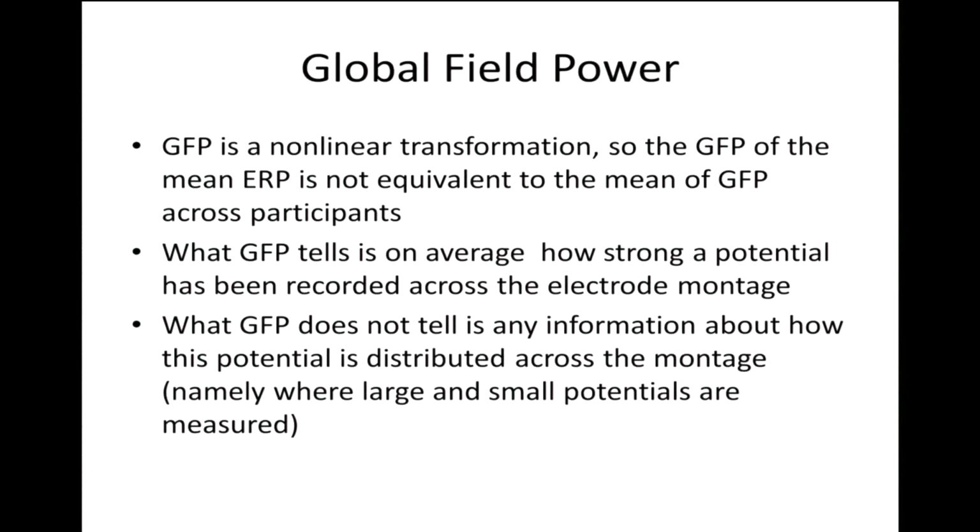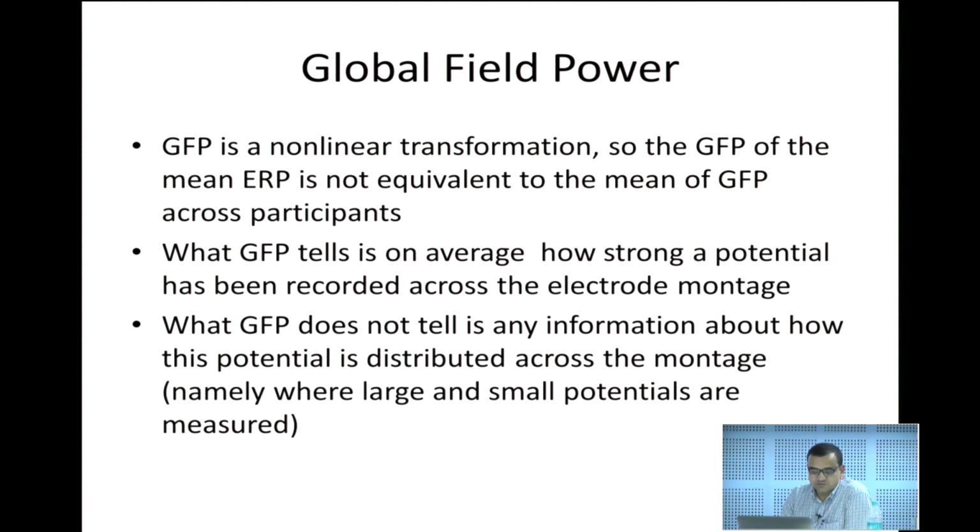A couple of points about global field power. I will show you some results. The global field power is essentially a nonlinear transformation, which means ordering is important. If you compute the global field power at the individual subject level and then take the average, it would be different from the global field power of the average brain signal.